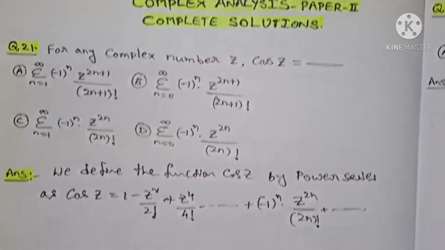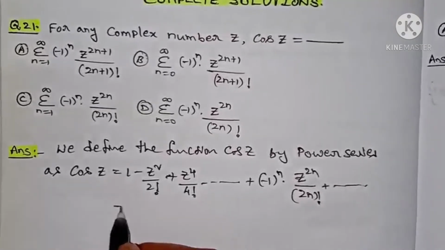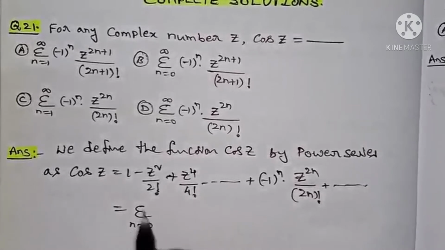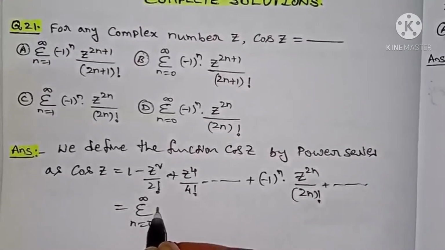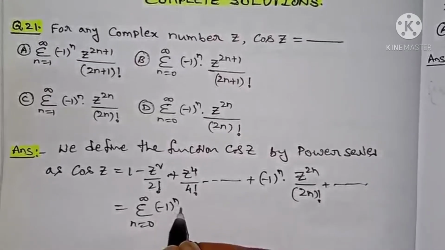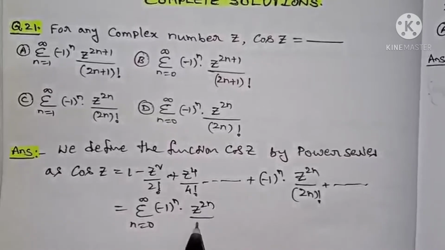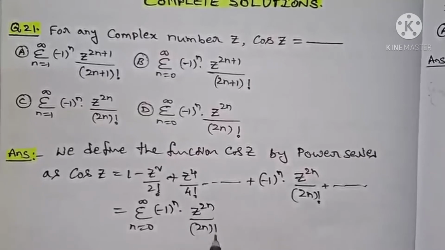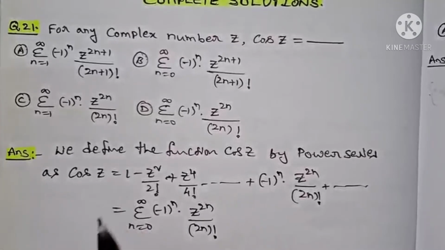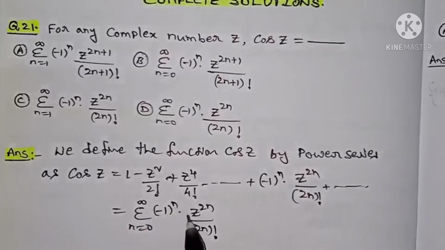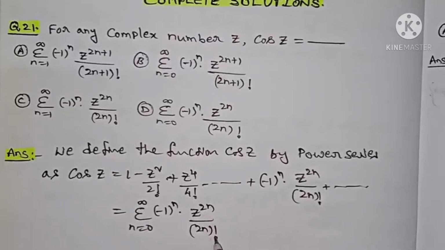So this summation can be written as summation n equals 0 to infinity, minus 1 whole power n into z to the power 2n by (2n) factorial.